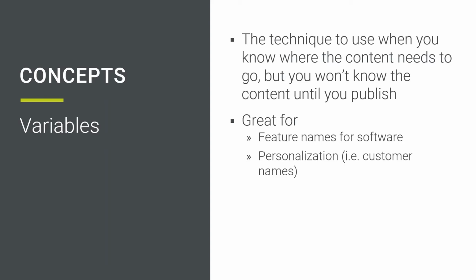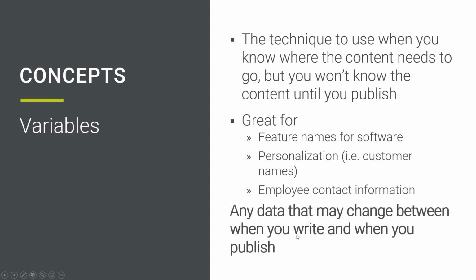So those are the kinds of things I'm talking about. I know where the content goes, but there might be a new text string that has to plug into that spot on a moment's notice. Again, big picture, any data, any text that may change between the day you write it and the day that you have to publish. So that's the big picture, the best practices.